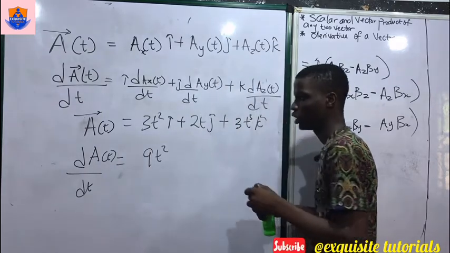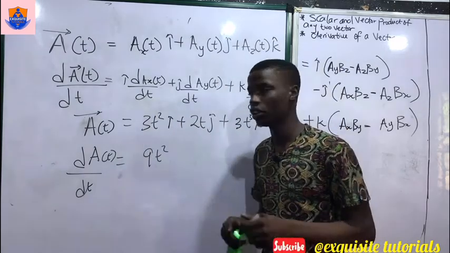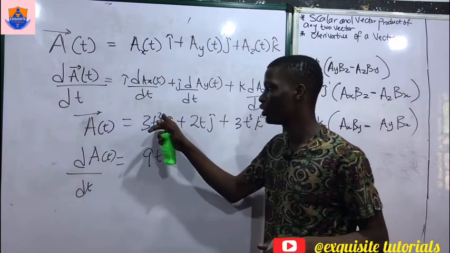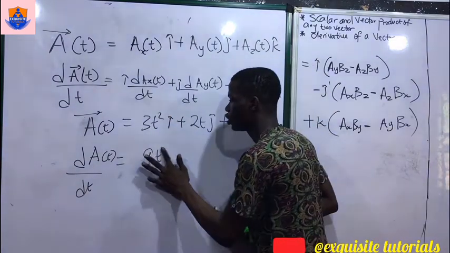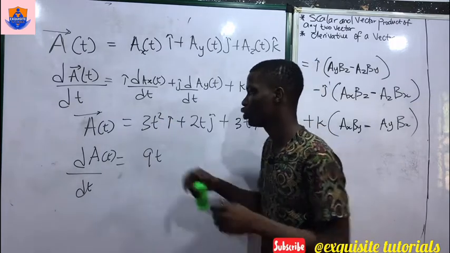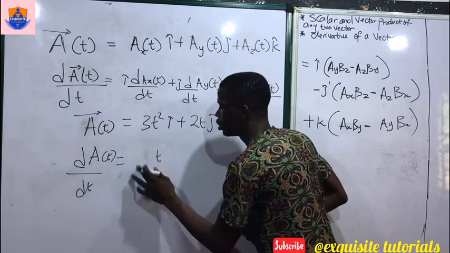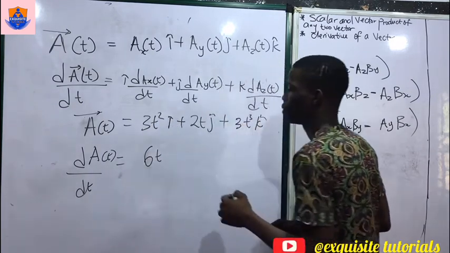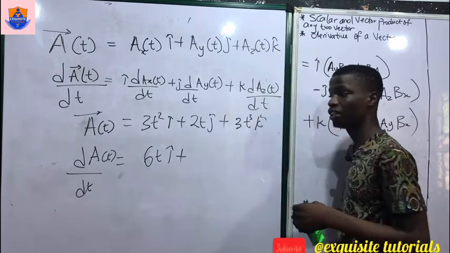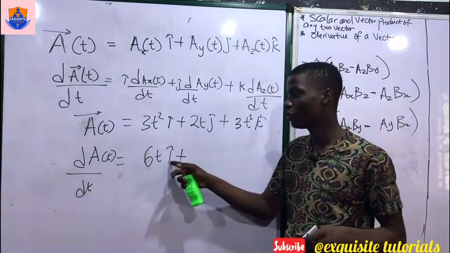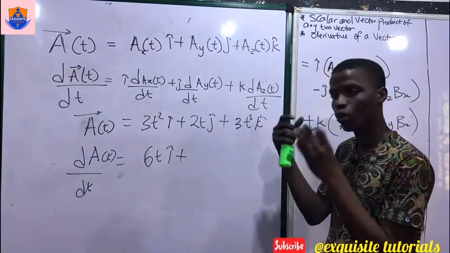Now to differentiate. Normally, how do you differentiate any vector? Multiply our 2 by our t, subtracting 1 from the 2 on top. So 3 times 2 is 6, subtracting 1 from the power. Take note, if you are differentiating any vector, it will not affect the i, j and k, the coordinates.